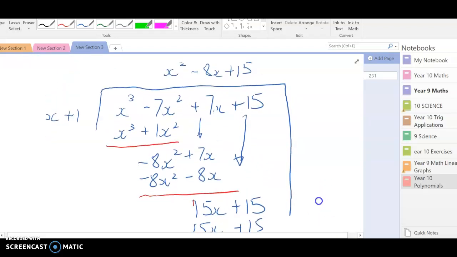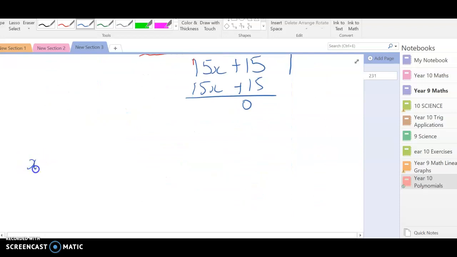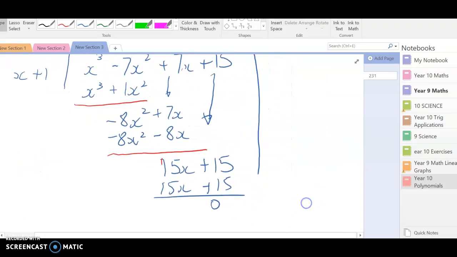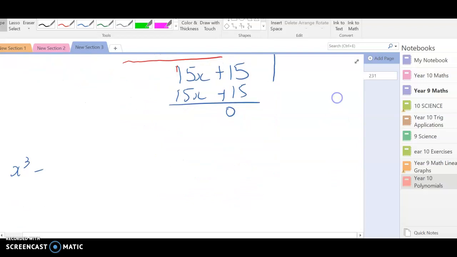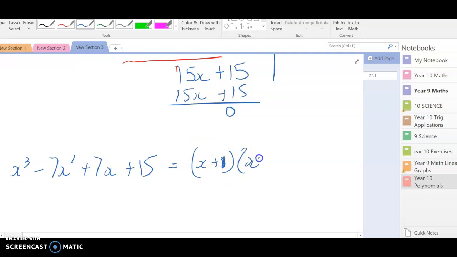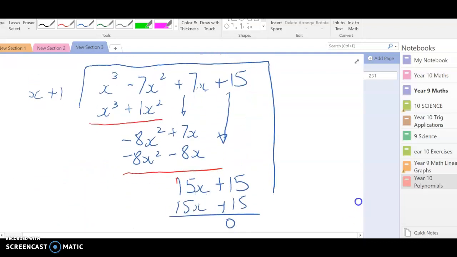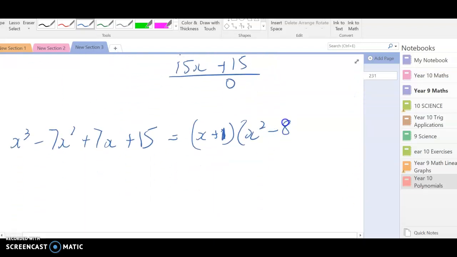So we can now say that the x cubed minus 7x squared plus 7x plus 15 can be also written as x plus 1 brackets x squared minus 8x plus 15. And as Mr. Farragut showed you, we should be able to factorize this.